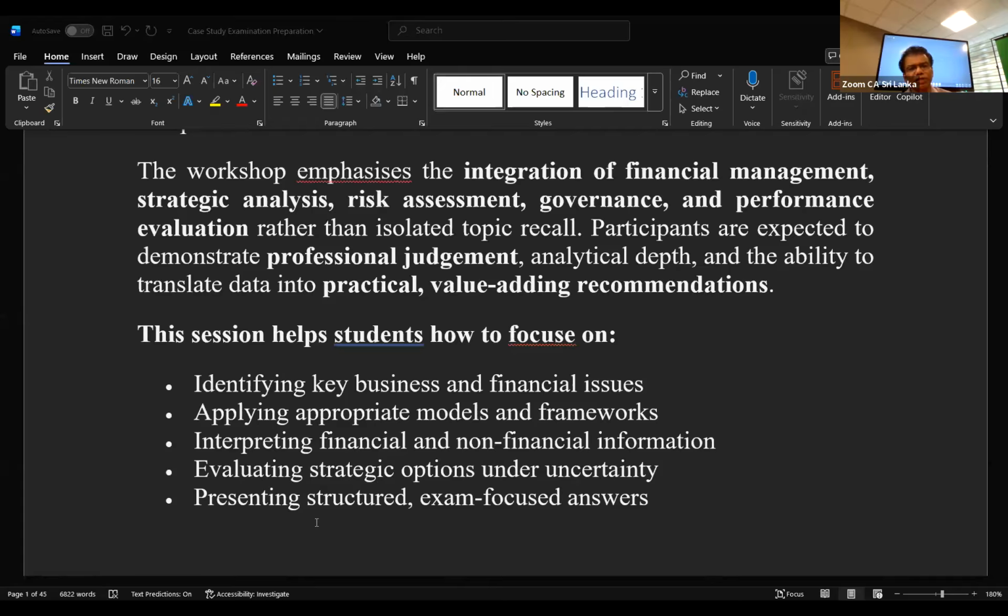Then free cash flow to the equity means cash flows available to equity holders after debt repayment and interest obligations. I have never seen these adjustments asked in our examination; they have not given net borrowing.